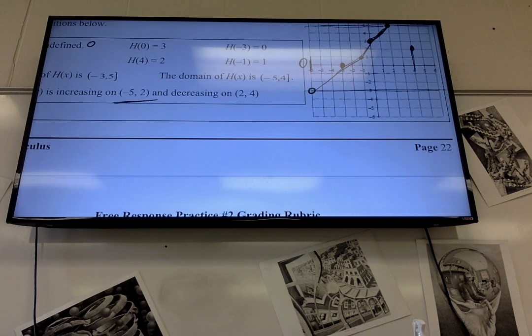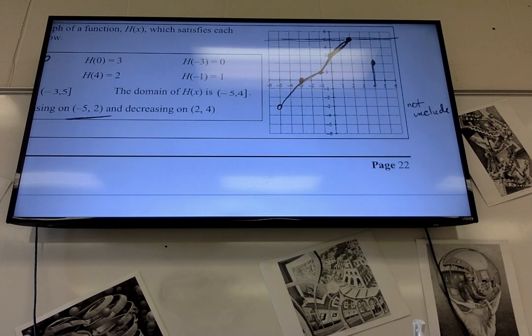What about 6? Oh, that's a 6 in it. Oh, sorry. There we go. All right. Then from there, it's decreasing from 2 to 4. So it looks like that. And that's one way to do it. That's not the only way.